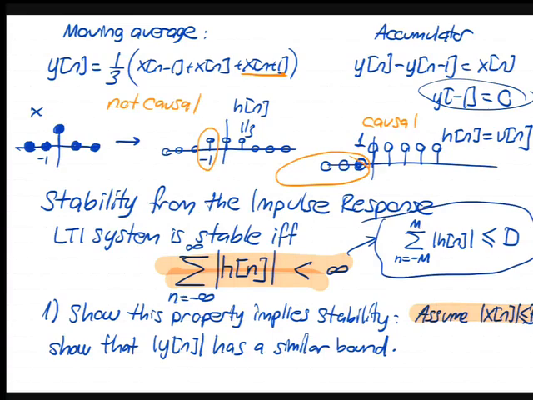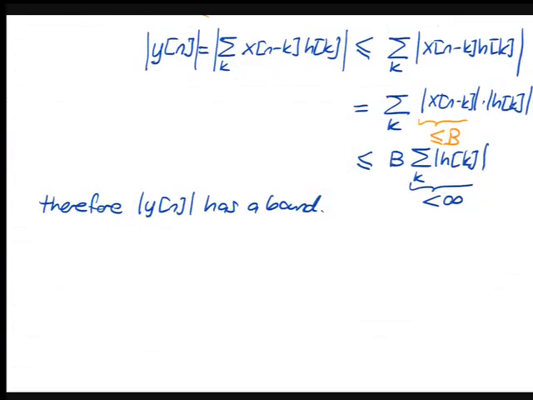Again, I always take a shortcut putting negative infinity to infinity, but really it means: for all M, no matter how I make this window from negative M to M, however large I take that window, there is a bound that I will never exceed. So I can just say this is less than or equal to D, and therefore this is less than B times D.